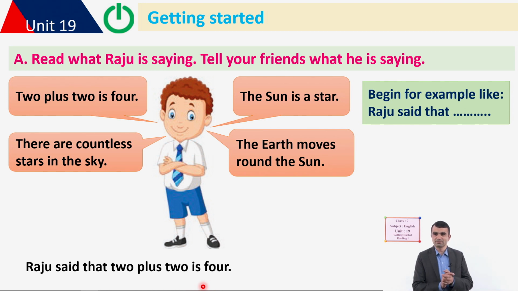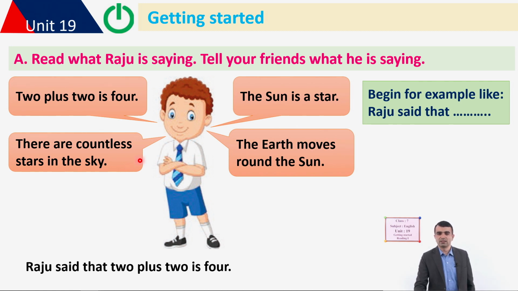Good. Now, in the same way, you should report others. There are countless stars in the sky. How do you report? Start with Raju said that. Come on, everyone, loudly. Raju said that there are countless stars in the sky. Same statement you should write after Raju said that.